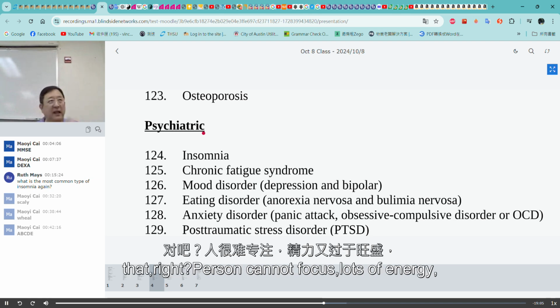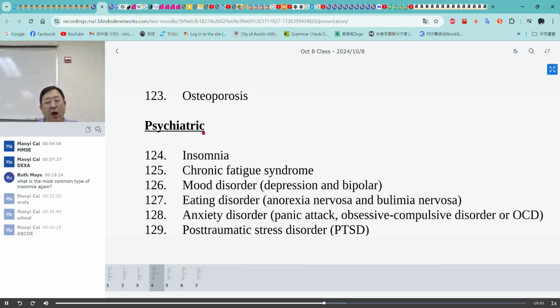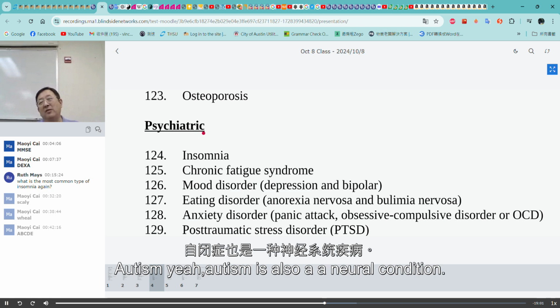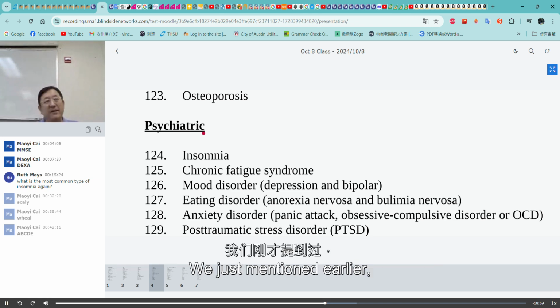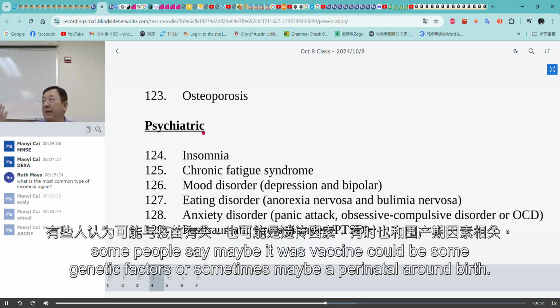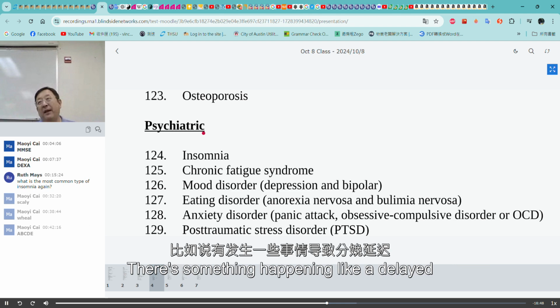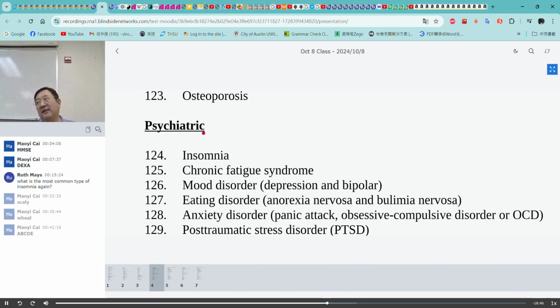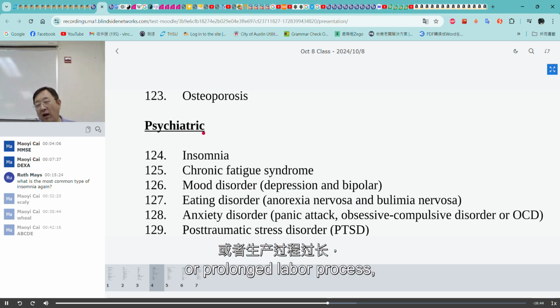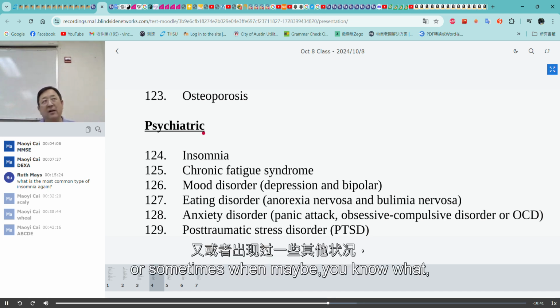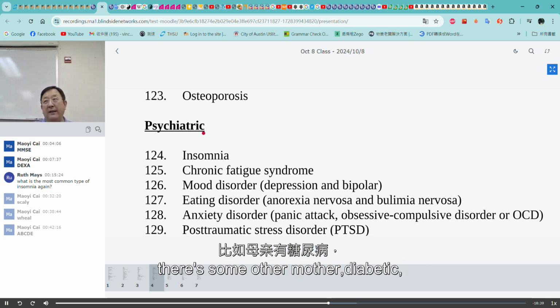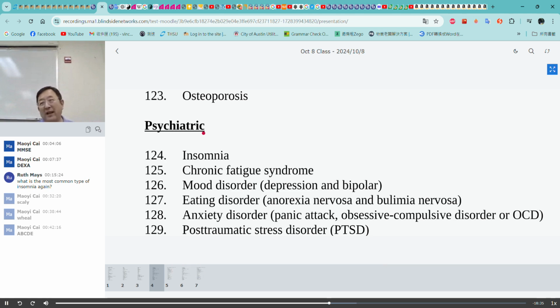The person cannot focus, lots of energy, right? Autism is also a neural condition we just mentioned earlier. Some people say maybe it was vaccines, could be some genetic factors, or sometimes a perinatal cause around birth. Something happening, like a delayed or prolonged labor process, or maybe the mother was diabetic or hypertensive during pregnancy, all kinds of things.